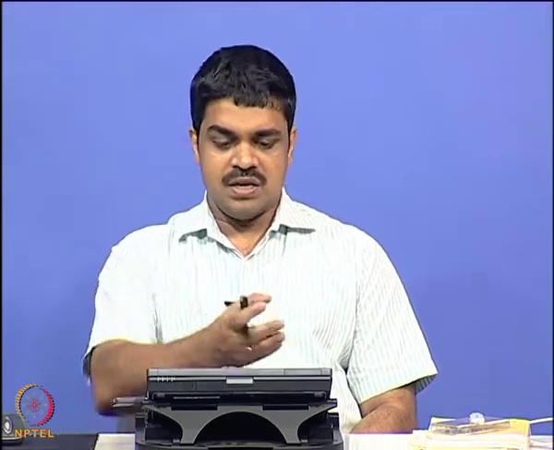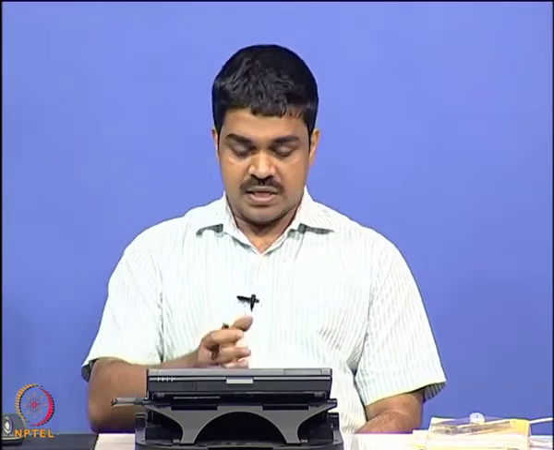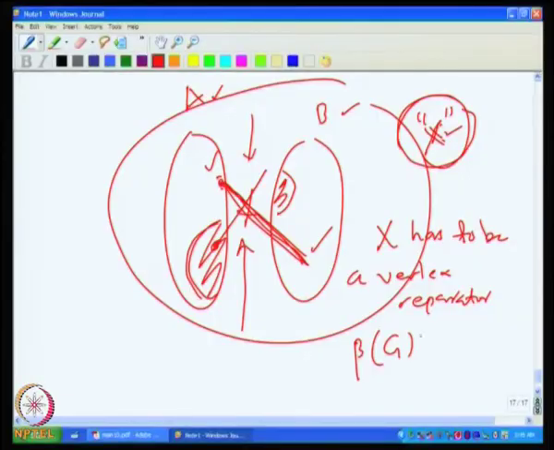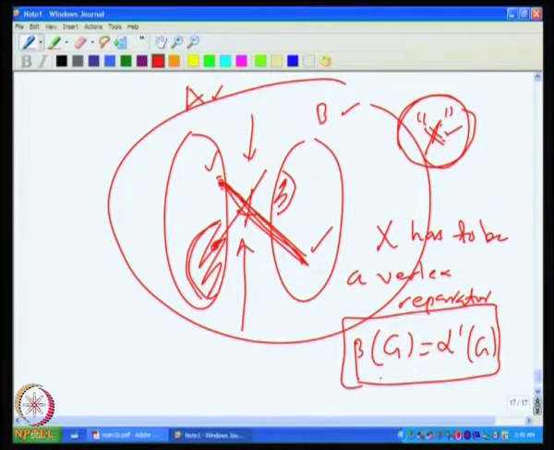So if we manage to prove Menger's theorem, that the maximum number of disjoint AB paths is equal to the minimum possible cardinality of a set X that can separate A from B, it is equivalent to proving, in this case at least, that alpha dash of G is equal to beta dash of G, in the bipartite case, when we take A and B to be the two sides of the bipartite graph.